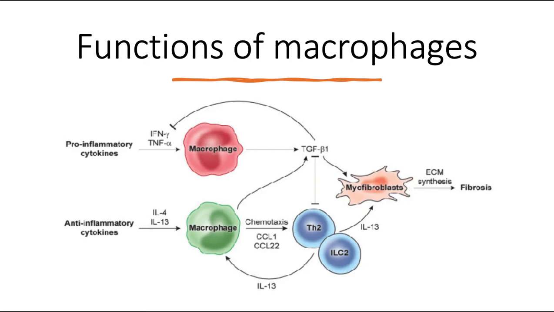Several functions of macrophages are central to the development and persistence of chronic inflammation and the accompanying tissue injury. Macrophages secrete mediators of inflammation, such as cytokines, tumor necrosis factor, interleukin-1, chemokines, and others, and eicosanoids.